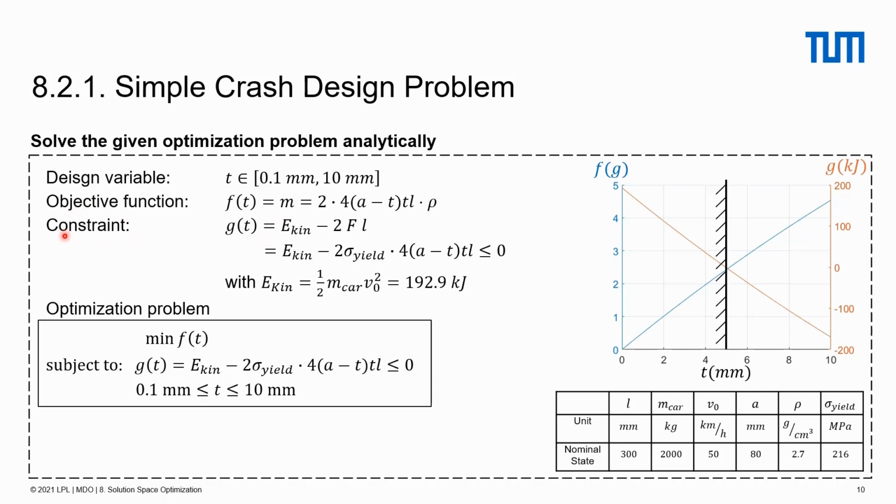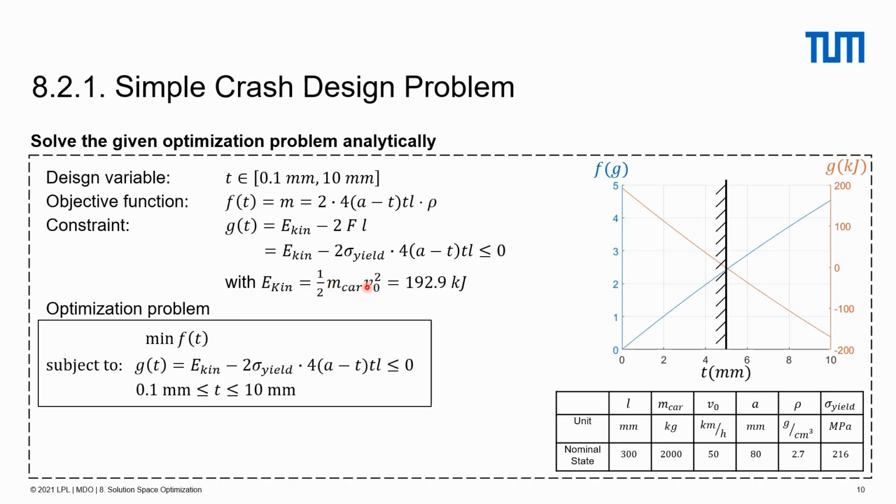We have the constraint that the kinetic energy must be absorbed in the frontal crash. That means the kinetic energy minus the energy absorbed by the side bins must be less than or equal to 0. The kinetic energy can be calculated with the weight of the car and the velocity.